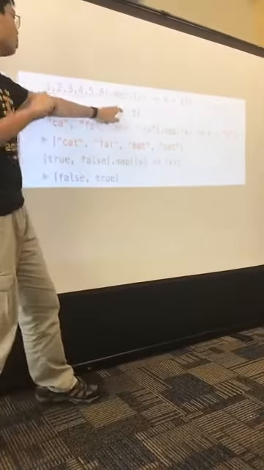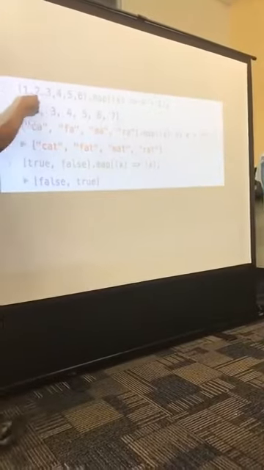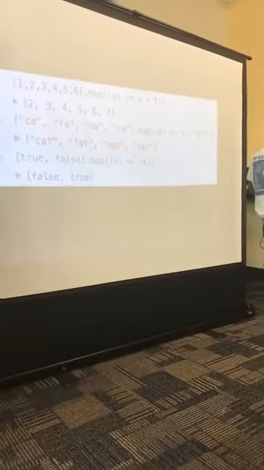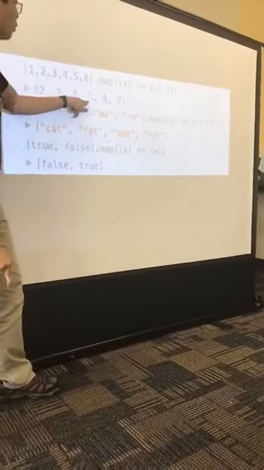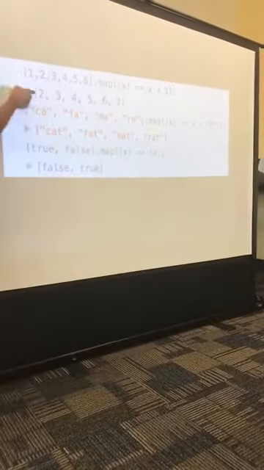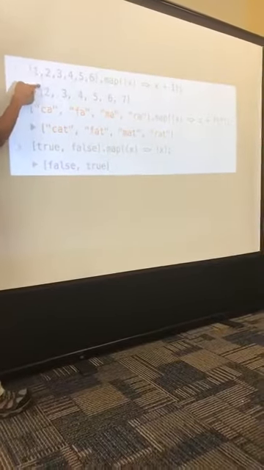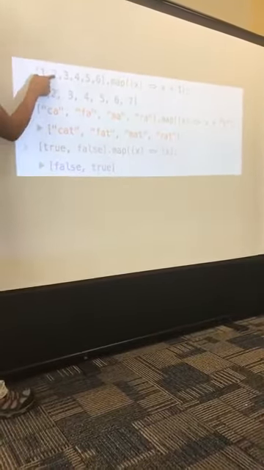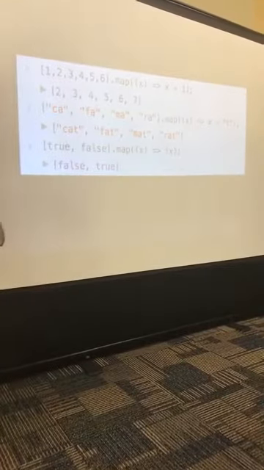So that's all I'm doing here. This function is getting applied to every single element within this list. That's why as an output we get back 2, 3, 4, 5, 6, 7. Because you're doing a function application, so you have x plus 1: 1 plus 1 becomes 2, 2 plus 1 becomes 3, 3 plus 1 becomes 4, and so on and so forth.